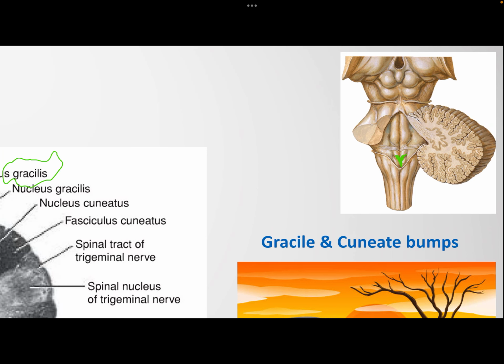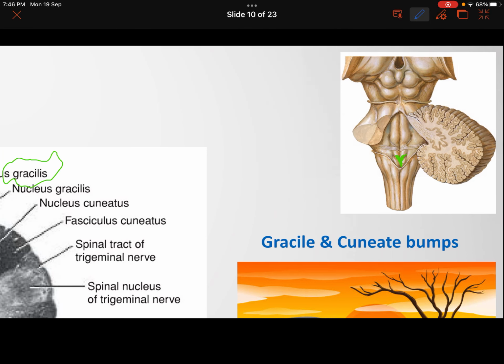Yes, it's above but medial. And then lateral to it you have the vagus. And then lateral to that you have the vestibular area, which is the inferior vestibular nucleus and half of the medial vestibular nucleus. So this is what I meant by 12, 10, 8.